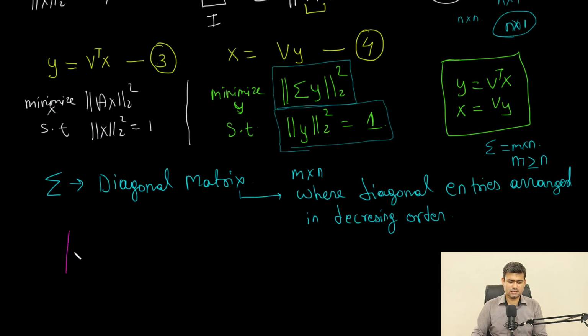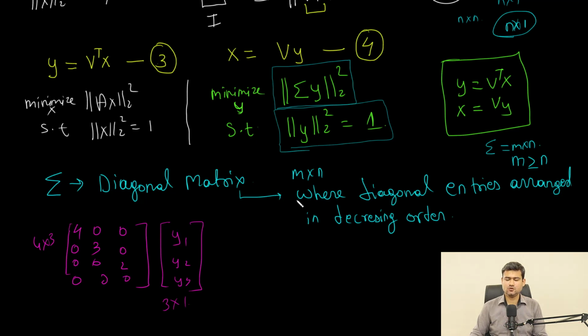So, assume that sigma is perhaps a 4 cross 3 matrix, and let's assume the singular values are just random numbers. Assume the columns are 4 0 0 0, then 0 3 0 0, and the last column is 0 0 2 0. So, this is a 4 cross 3 matrix and y is a 3 cross 1 vector with components y1, y2, y3.